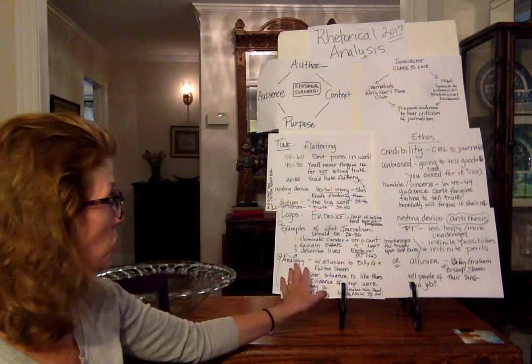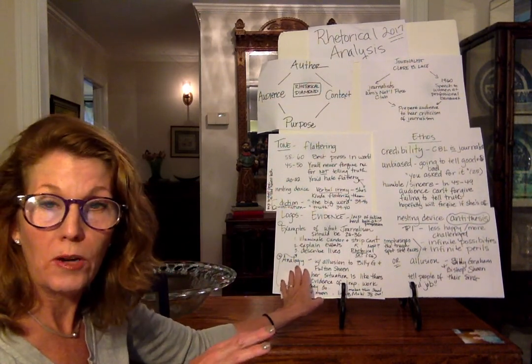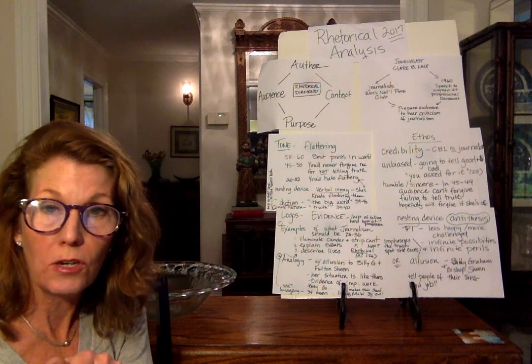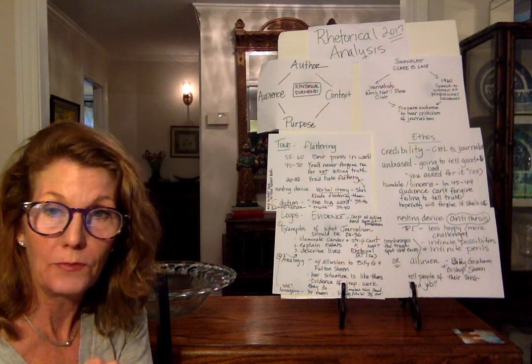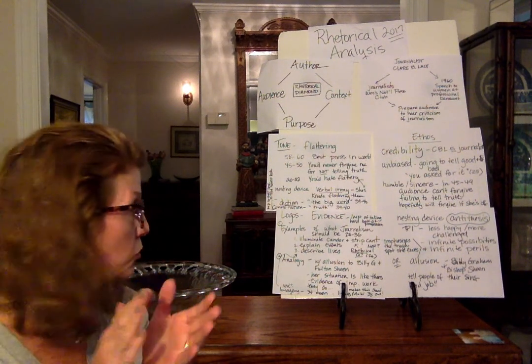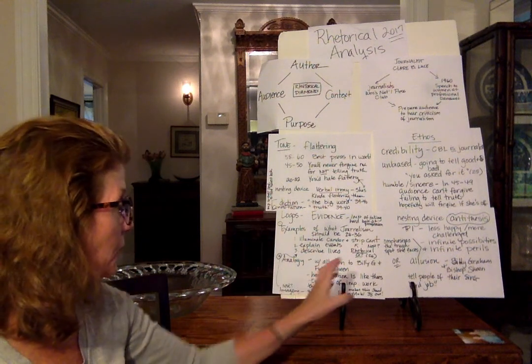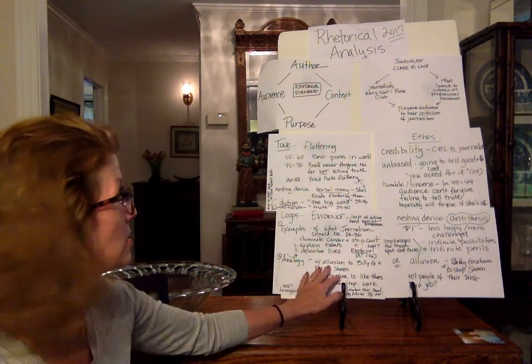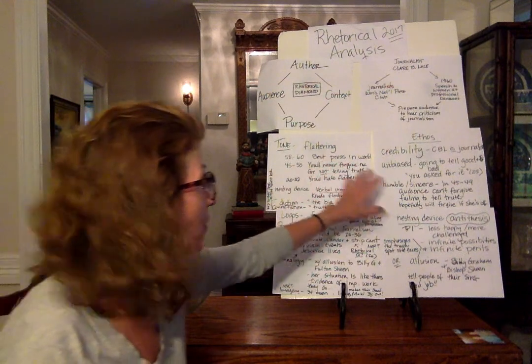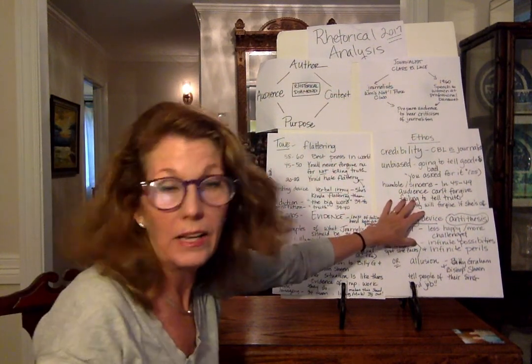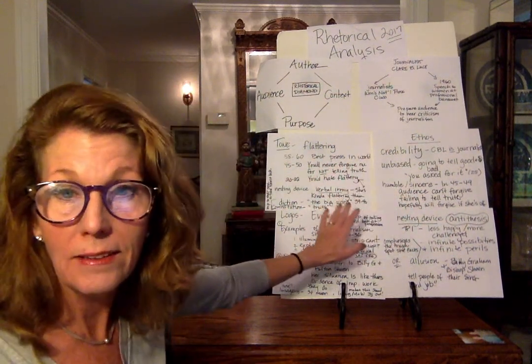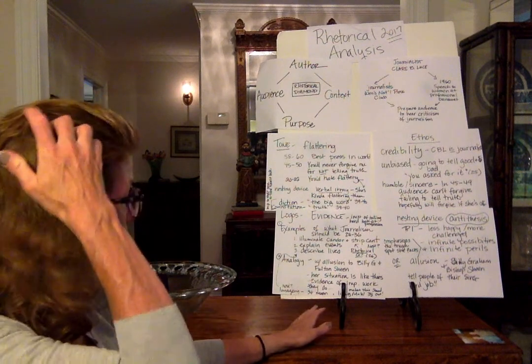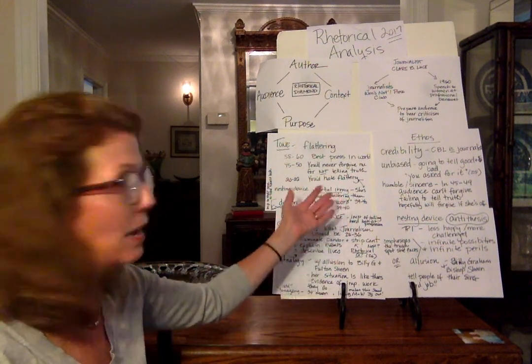Or you could use the analogy. Her situation is like the situation of Billy Graham and Archbishop Fulton Sheen. Okay? Now, you couldn't use this if you had used it in a tone paragraph or if you had used it in an ethos paragraph. But if you hadn't, that would be a good one. How does the analogy fit in as evidence?